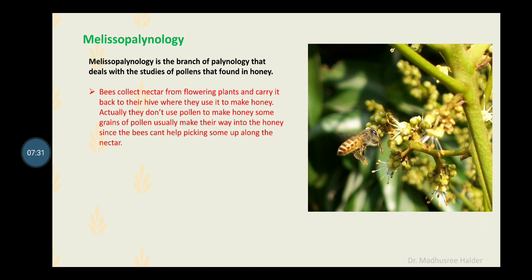When bees collect nectar from flowering plants and carry it back to their hive, they use it to make honey. Actually, they don't use the pollen to make honey. Some grains of pollen usually make their way into the honey, since the bee can't help picking some along with the nectar.